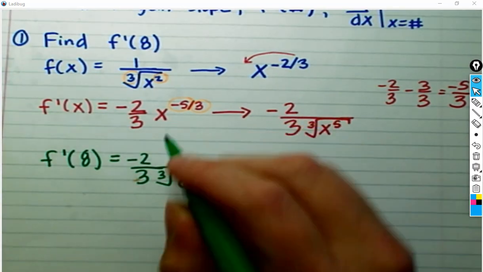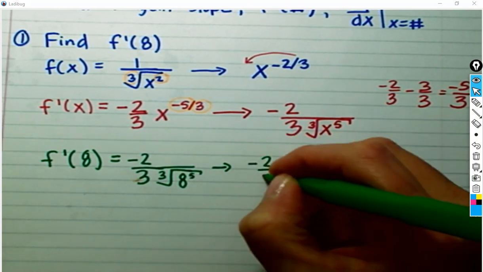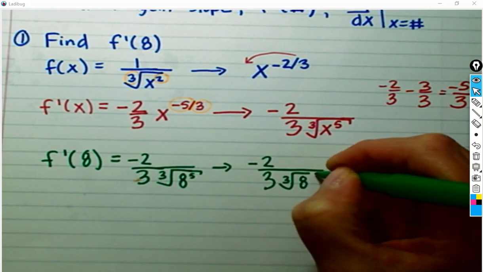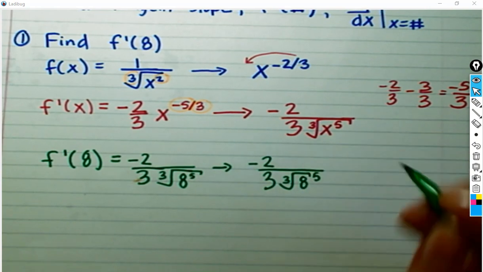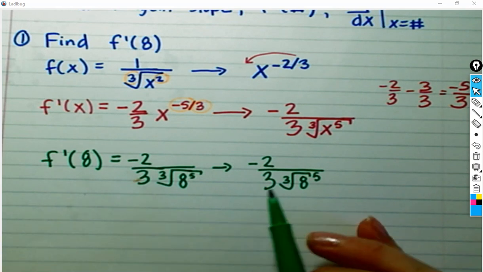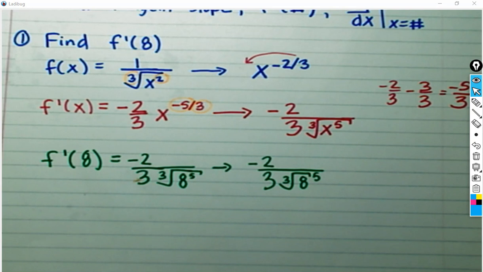So I'm going to switch the root and the power around a little bit. And I'm going to do cube root of 8. And then I'm going to do the 5th power. Because power and roots are kind of the same thing. They're both exponents. So you can do the power or the root in whichever order seems a little easier.